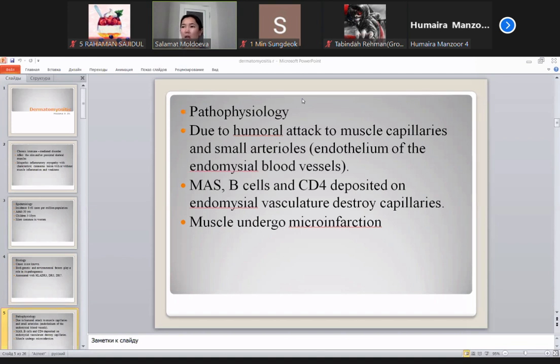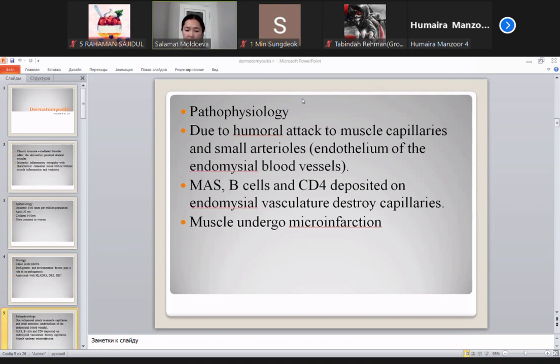Muscles and skin are rich with small arterioles, so when we talk about inflammation of muscle and skin, we mean inflammation of small capillaries and arterioles, students.